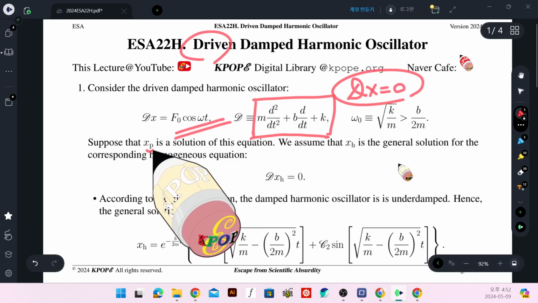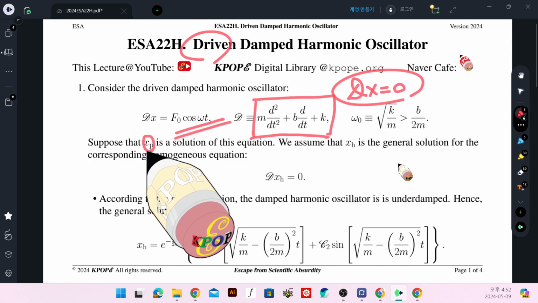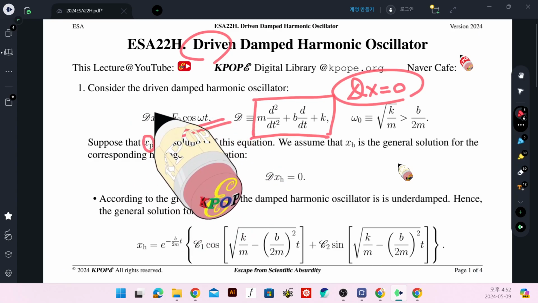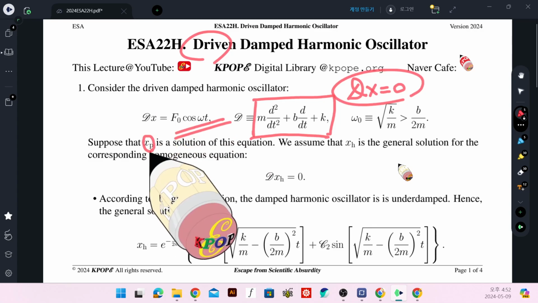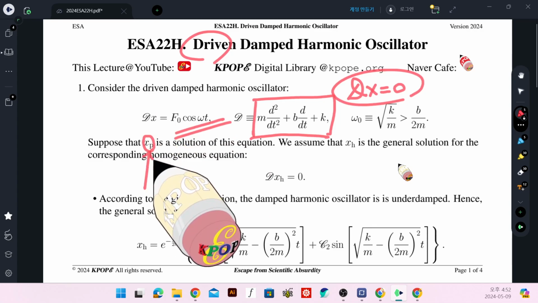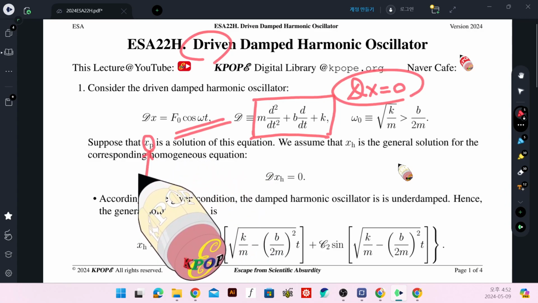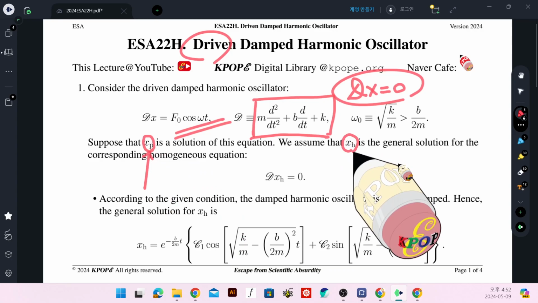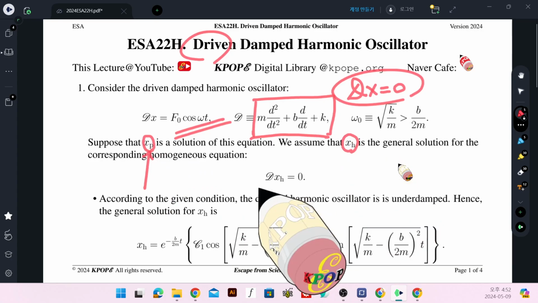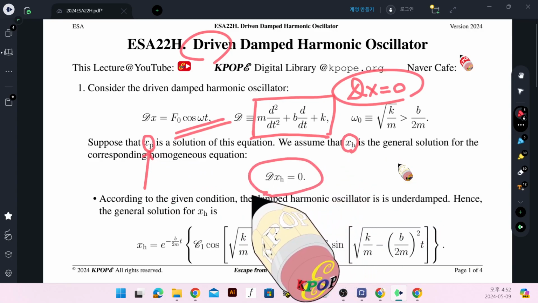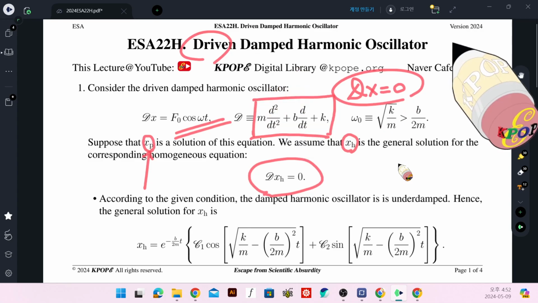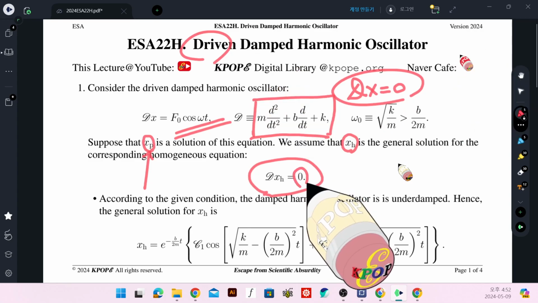We call a solution of this equation of motion a particular solution, and we call xh the solution corresponding to the damped harmonic oscillator. That means that this right-hand side is 0.